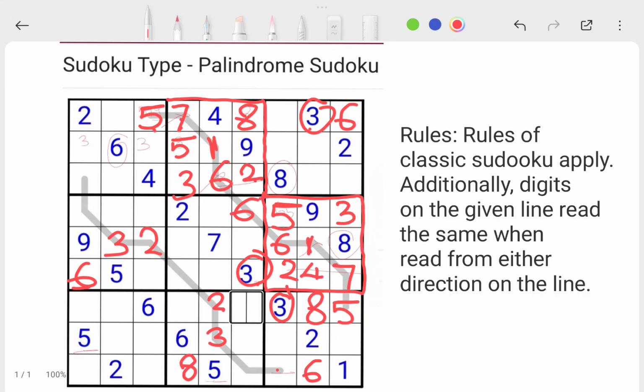Now only one number is left. Check the row, column 8. Only 2 numbers are left, 7 and 5. So 5 we cannot place in this cell. So this is 5. This is 7.